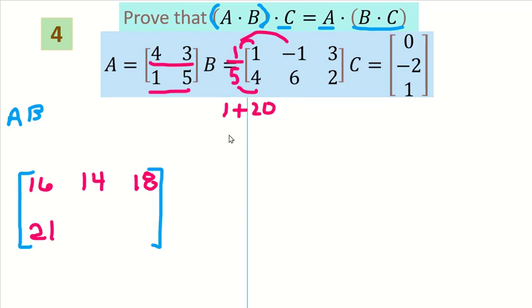1 times -1 is -1. Plus 5 times 6 is 30. All right, just give it a second look to make sure we didn't drop any negatives. -1 plus 30 is positive 29.